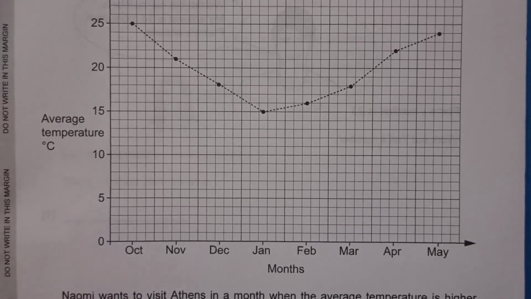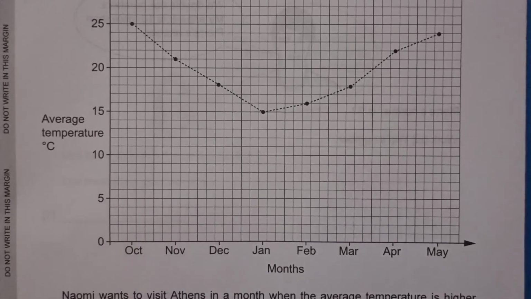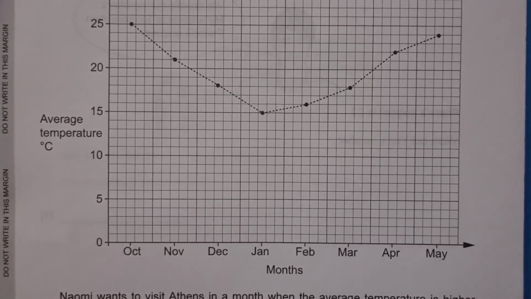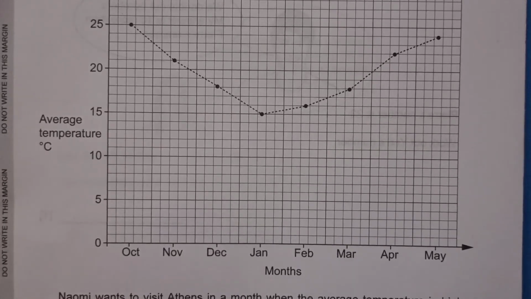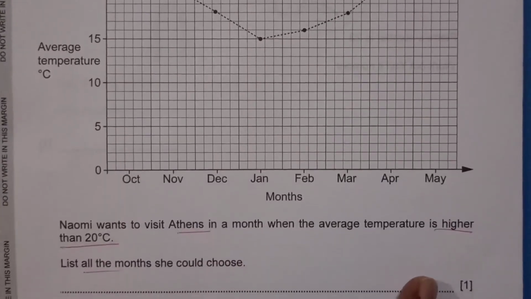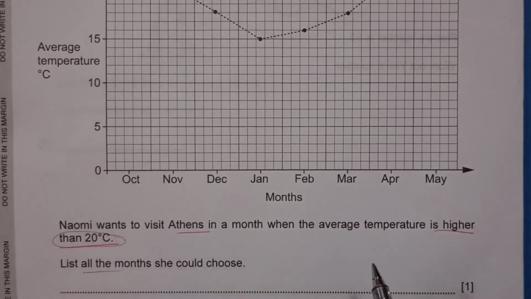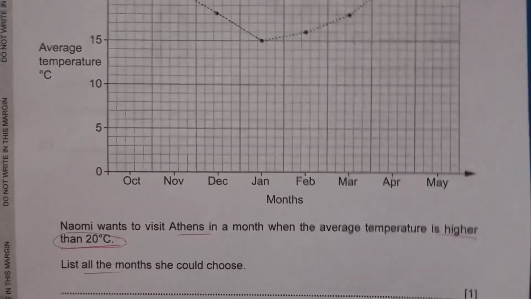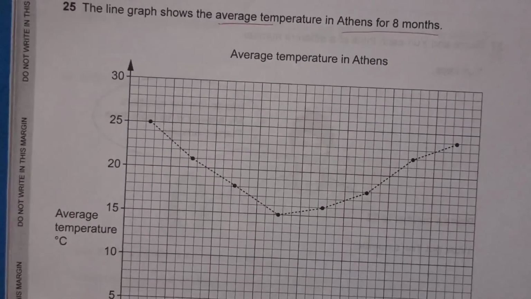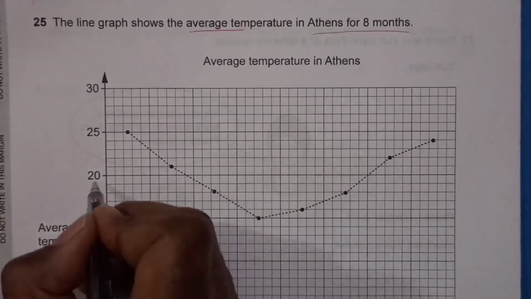Naomi wants to visit Athens in a month when the average temperature is higher than 20 degrees Celsius. List all the months she could choose. We need to check the months which have temperature higher than 20 degrees Celsius. So 20 degrees Celsius is here. So let's put one line here.